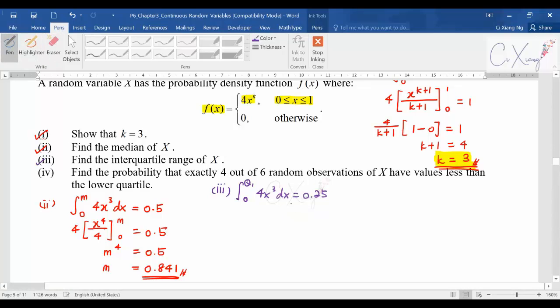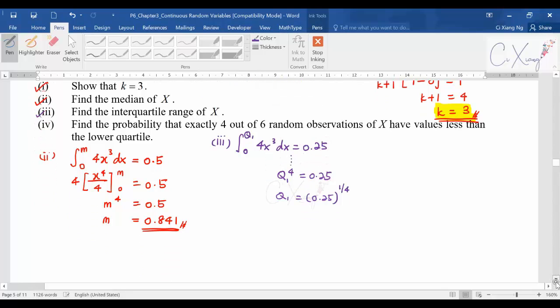I try to skip a few steps here. You will get Q1 power 4 equals 0.25. So for Q1, I will write it as 0.25 power 1 over 4. I didn't press out the value yet because to me, this is not the final answer, so I keep it in the original pattern first.